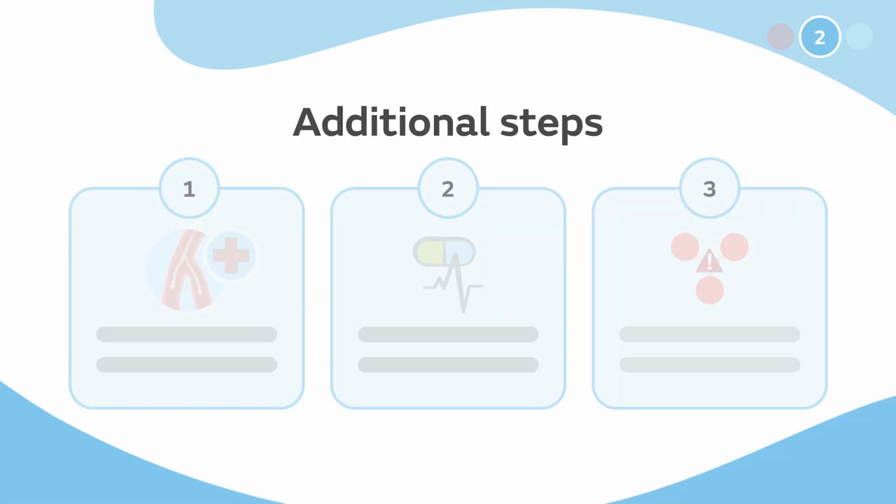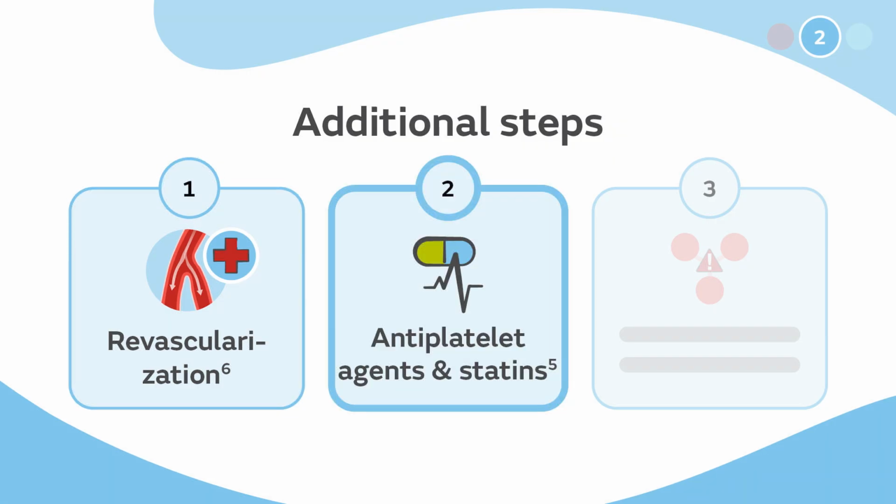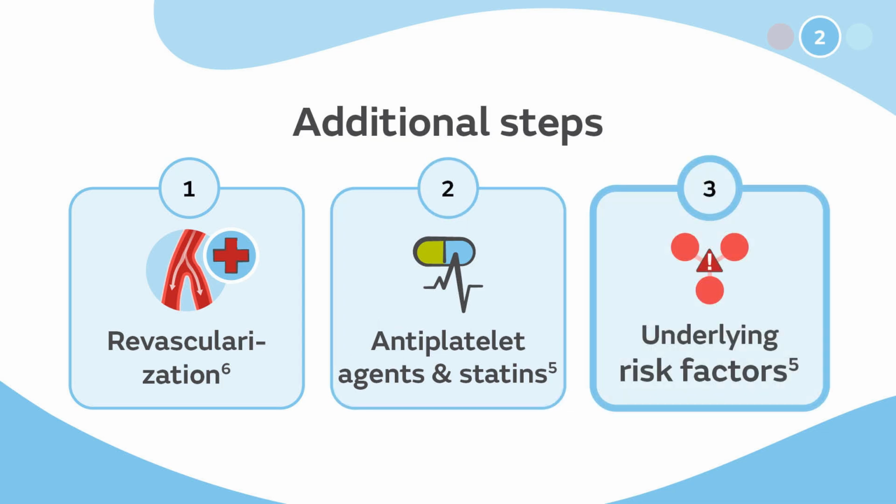First, as we said before, these wounds will not heal without improving blood flow to the area, so revascularization is crucial. Also, administering antiplatelet agents or statins can help manage PAD. Finally, managing underlying risk factors like diabetes, hypertension, hyperlipidemia, as well as smoking cessation are all keys to helping ALUs heal.